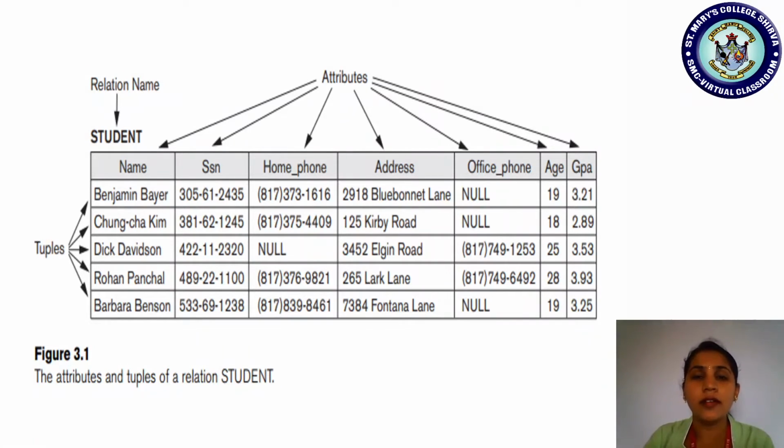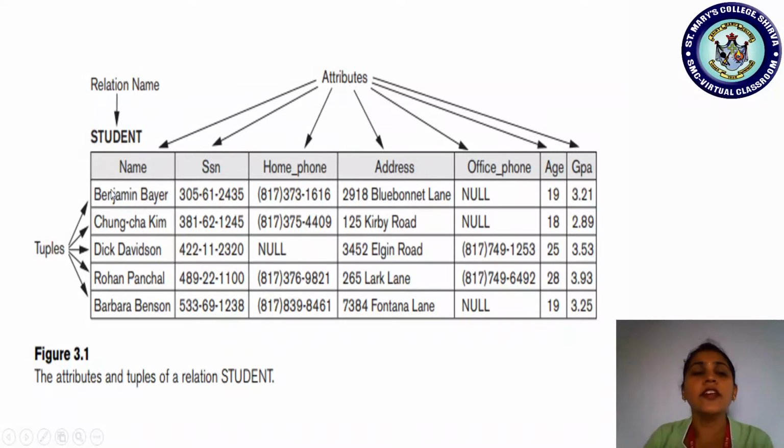The first record has the name Benjamin, so this horizontal row of Benjamin Bayer, his SSN, home phone, address, office phone, age, and grade point average, all this information with respect to Benjamin will be displayed.